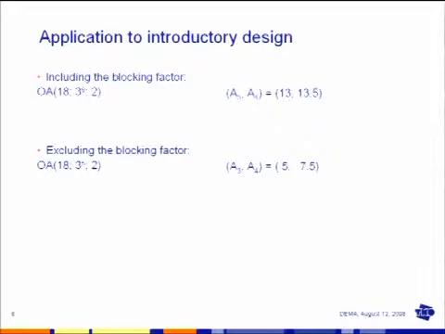Now we have to do a little arithmetic. It's called subtraction. And here's the result. If we subtract these vectors from each other, we arrive at a vector with elements, the first element being 8 and the second element being 6.